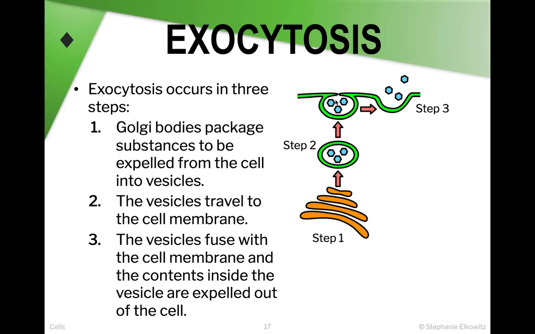The vesicle then connects or fuses with the cell membrane, and then the content on the inside is let out. Okay, so step 1, the Golgi apparatus or Golgi body makes and packages it. It puts it in a little bag that sends it out, and when it touches the cell membrane, it starts to open up and the stuff inside comes out.